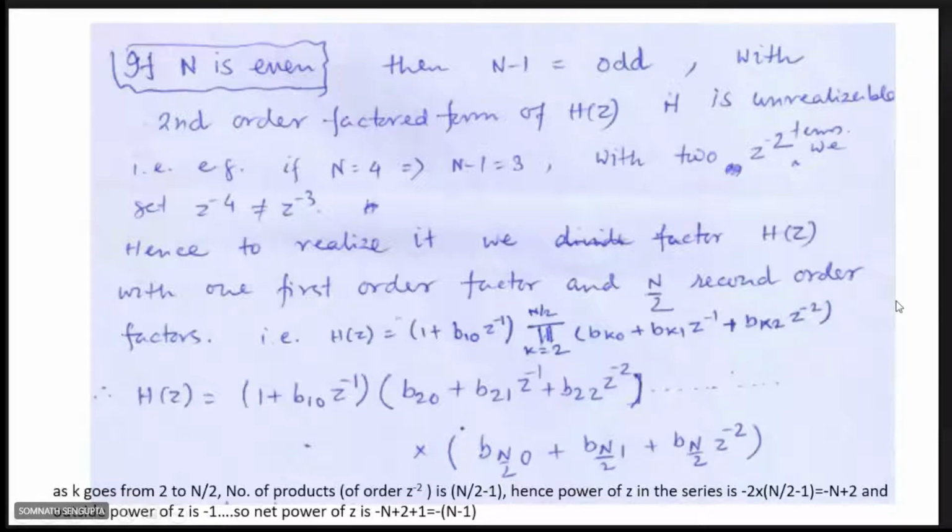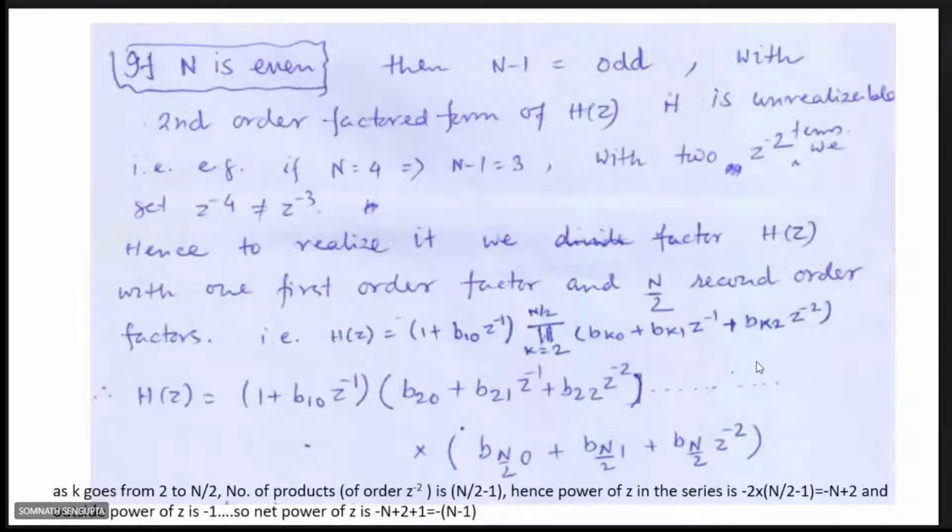The format is the same: bk0 plus bk1 z inverse plus bk2 z to the power minus 2. These products will go from k equal to 2 to n by 2, this many times.